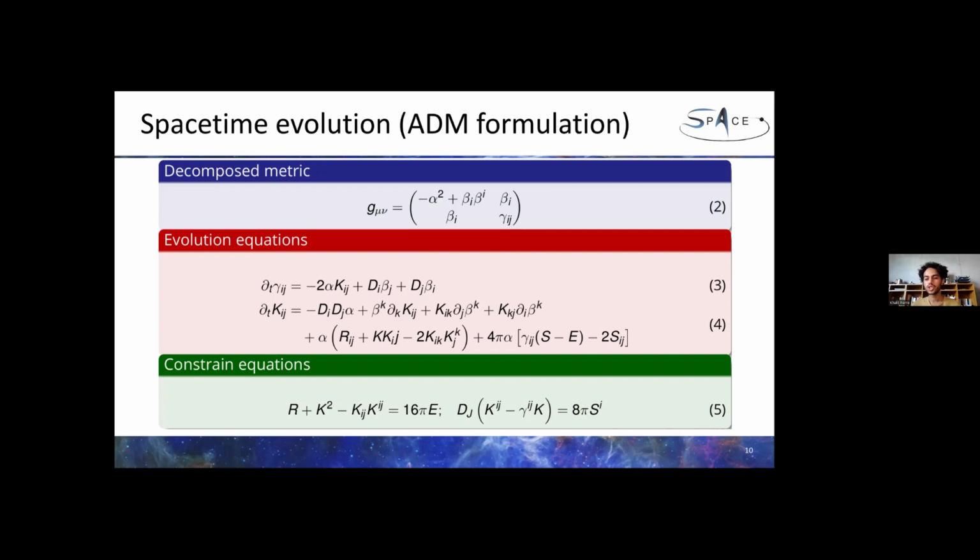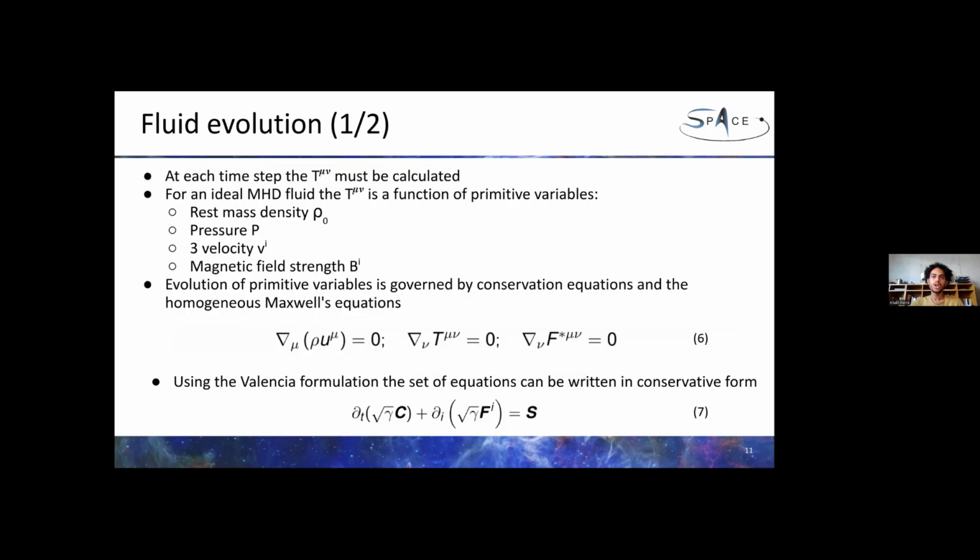So we can use these constraint equations to get our initial data, but we can also use them to track the numerical error. So it can be a good trace of the numerical error within our simulation and where the numerical error is distributed in our simulations.